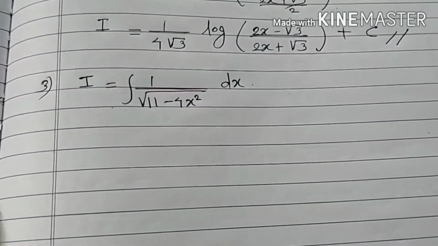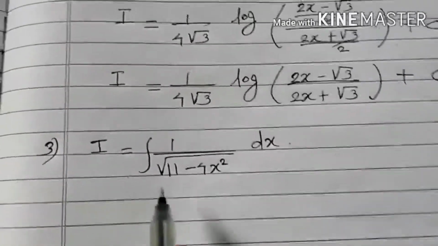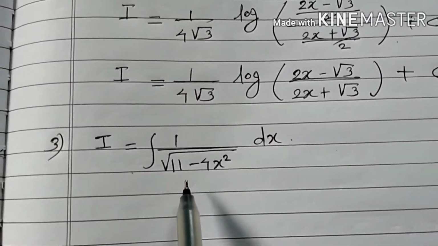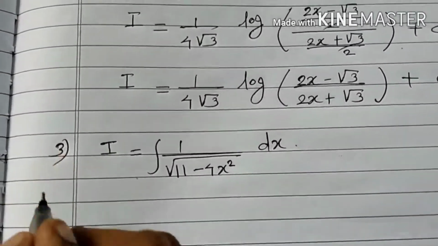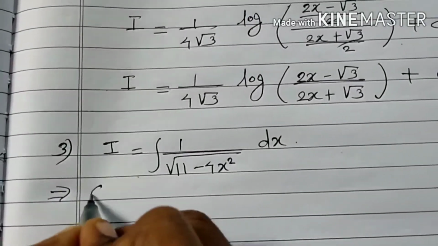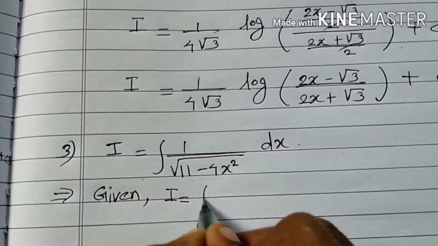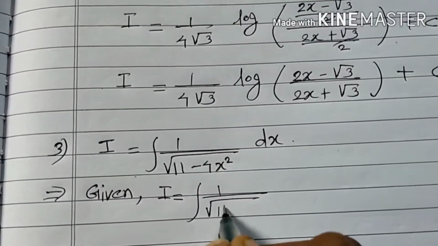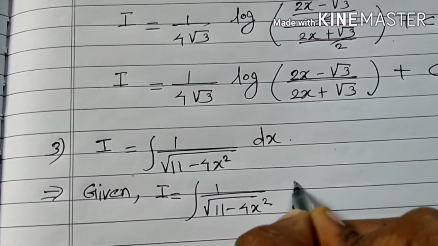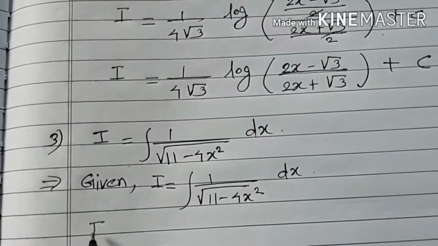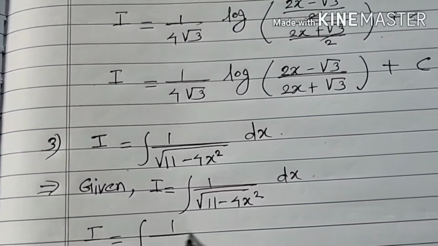Now next example is I is equal to integration of 1 upon under root of 11 minus 4x square dx. So simply first write the given: I is equal to integration of 1 upon under root of 11 minus 4x square dx. Now take squaring.